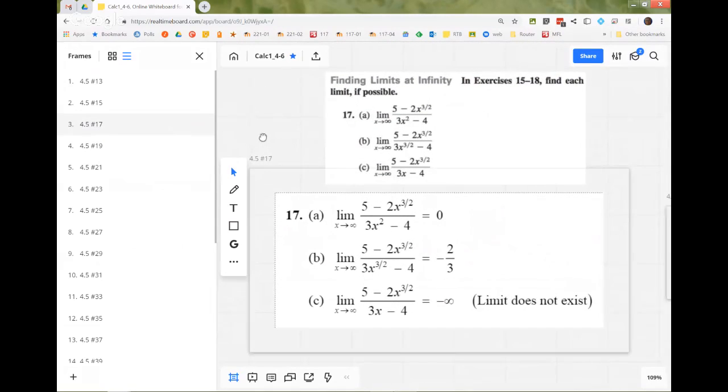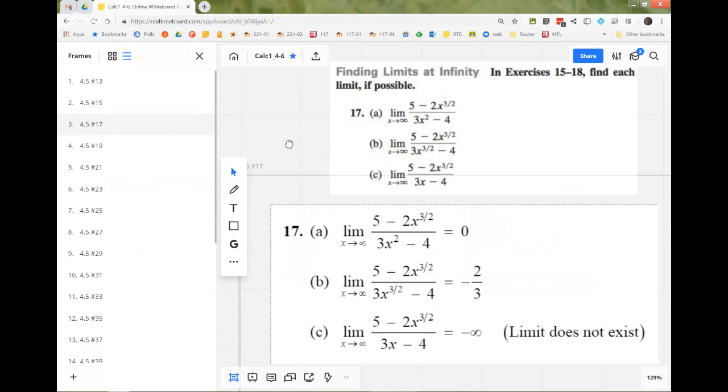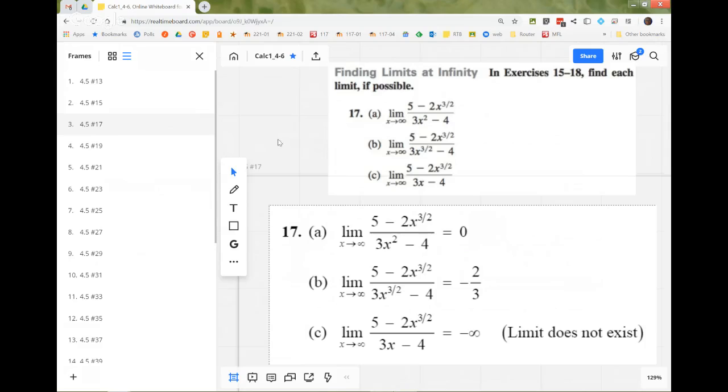So here's 17 in all its parts. On part C, here's the deal. What's the degree of the numerator? Pull that a little bigger. Half. Yeah, 1.5. And the degree of the denominator? 1.